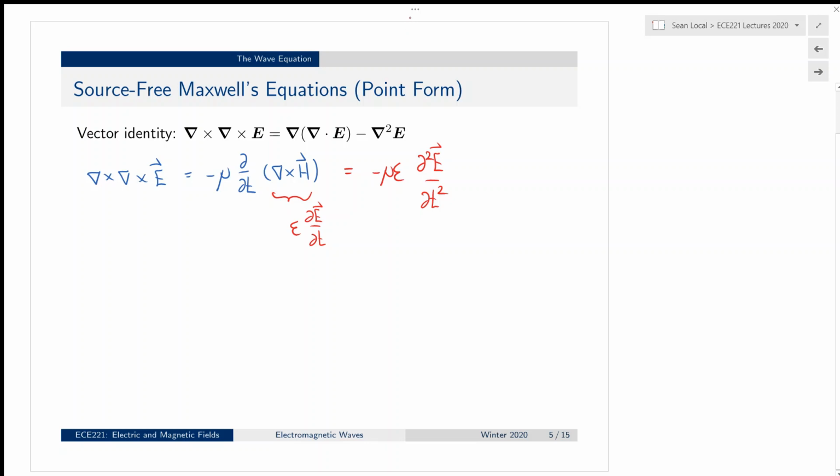The left-hand side, we're going to apply our vector identity shown above. So we're going to have gradient of divergence of E minus Laplacian of E. And that's going to be equal to the same right-hand side that we just wrote up above.